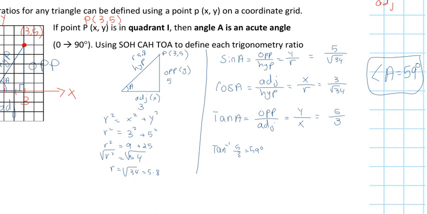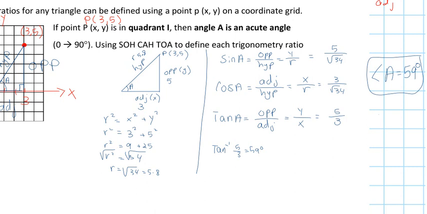Now, which one do you think will give you the answer without doing any work? Tan. Because I don't have to do odd, right? I already know x and y, right? Tan is the one that's going to give you the exact answer. Okay?